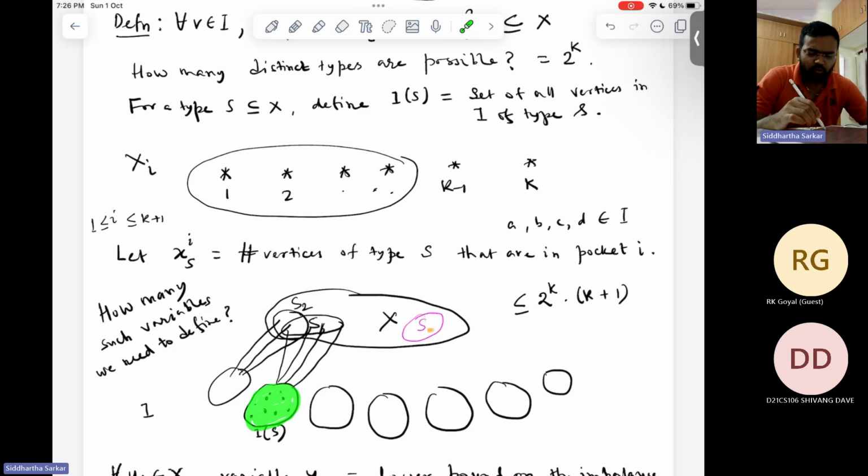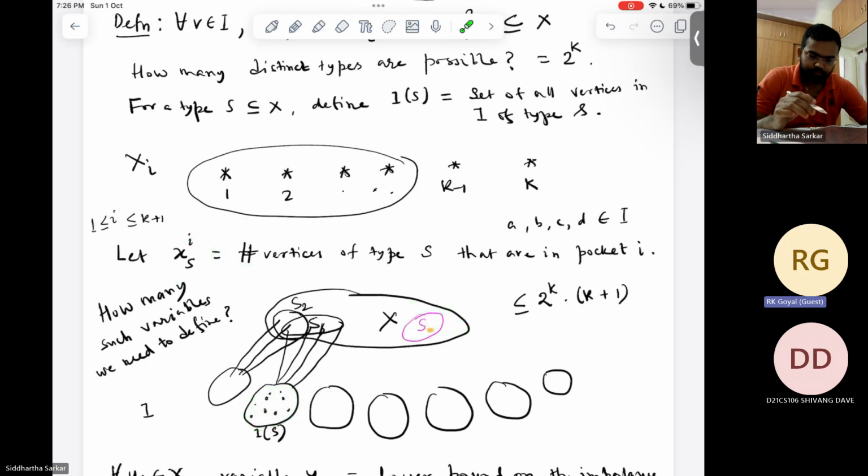So they have been distributed over these k plus one pockets. So XSI is defined with respect to the ith pocket and type S, where S is a subset of X.